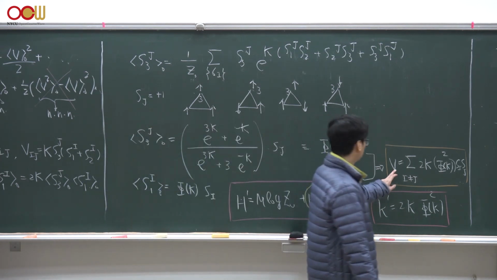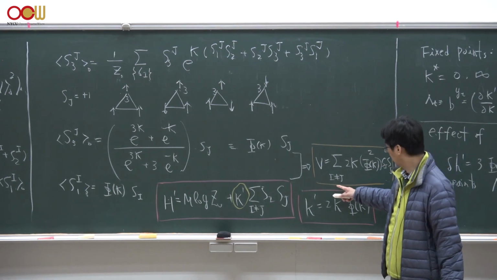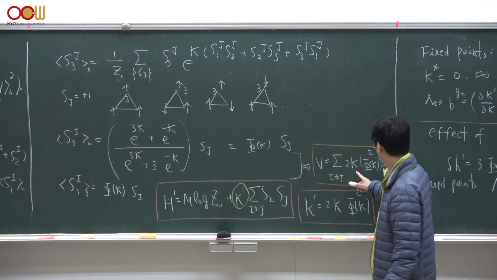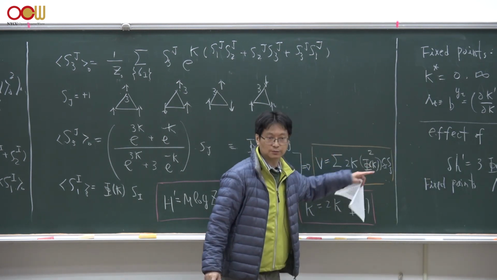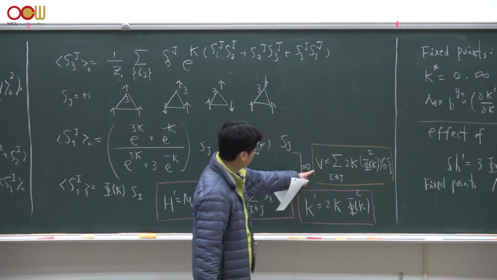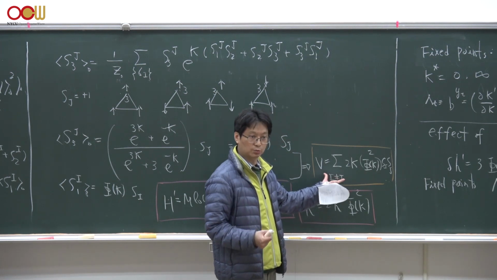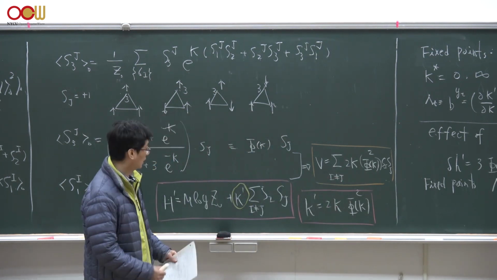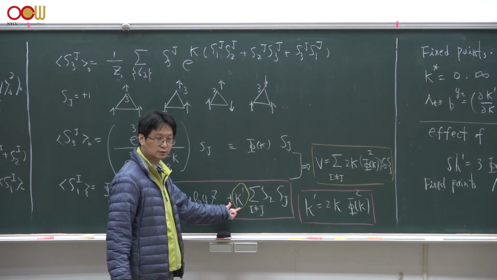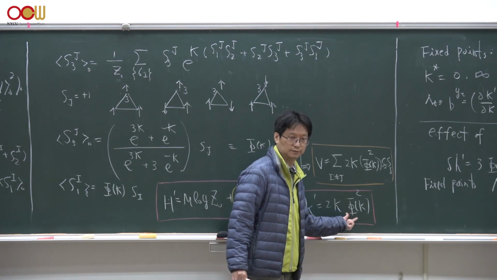You get this V term, which is the sum over nearest neighbor blocks I and J, and inside the summation it is 2 times k times phi k squared times S capital I and S capital J. Remember, this interaction term is exactly the same form as the original Hamiltonian of the Ising model, and the only difference is that now the coupling constant changes. So k prime now becomes 2 times k times phi k squared.